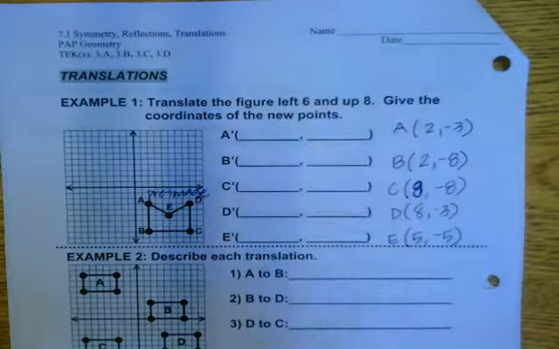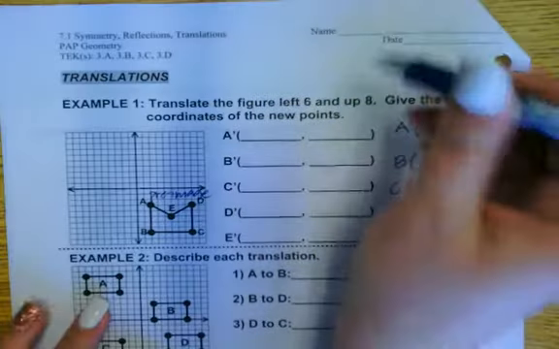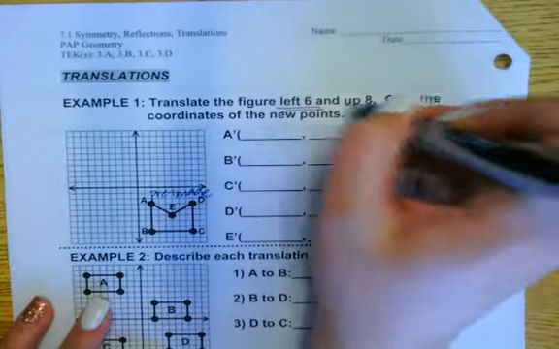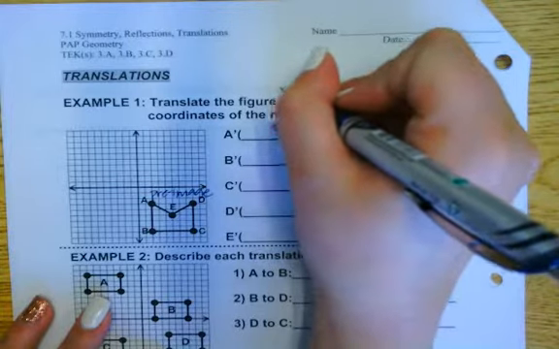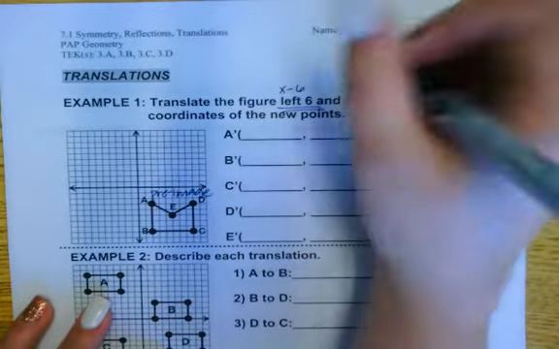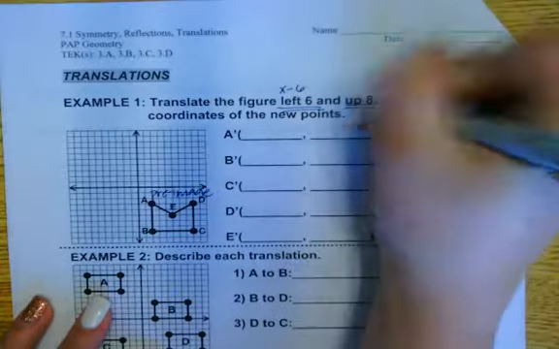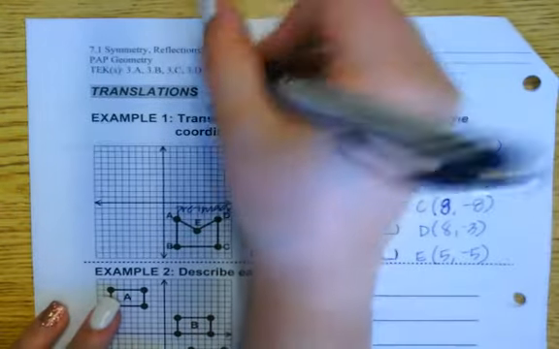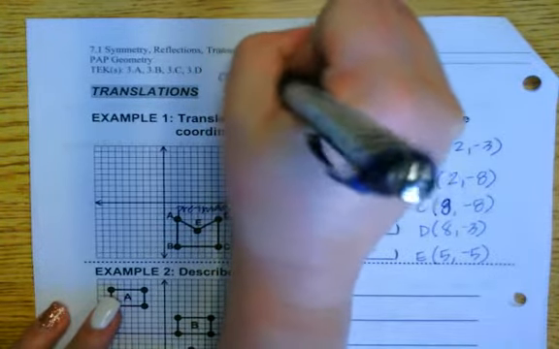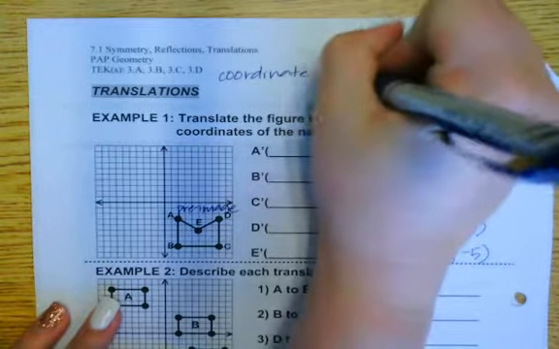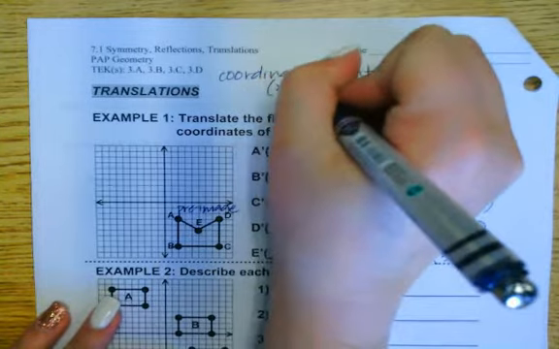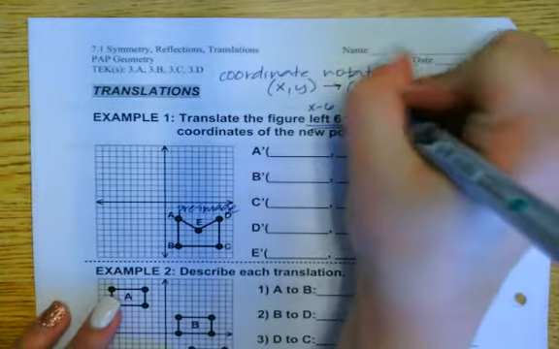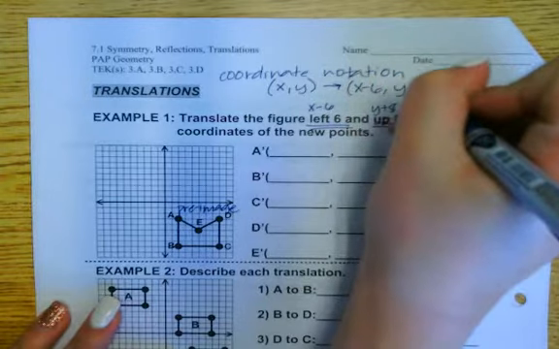And now we are looking to create our image that has been translated left 6 and up 8. Left 6 is affecting what? X value. So I'm going X minus 6, and up 8 is? Y plus 8. Okay, so you might have something called coordinate notation. And for this problem, it would look like this: (x, y) yields (x minus 6, y plus 8).